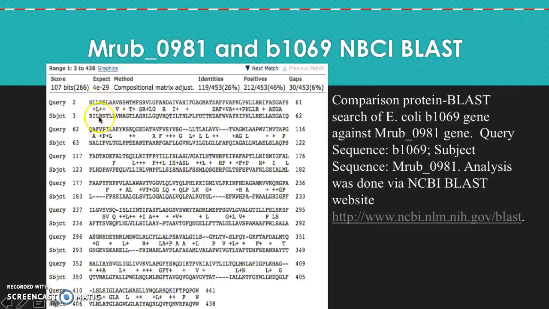And here we have similar, identical amino acids between the two. And we also have these positives, which represent similar characteristics between the two amino acids of the organisms.